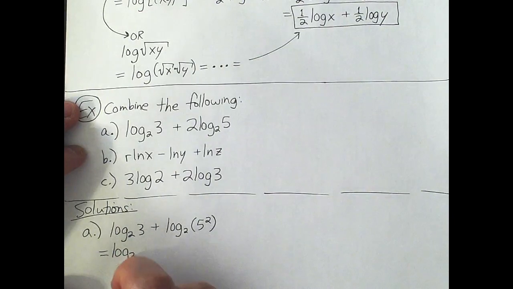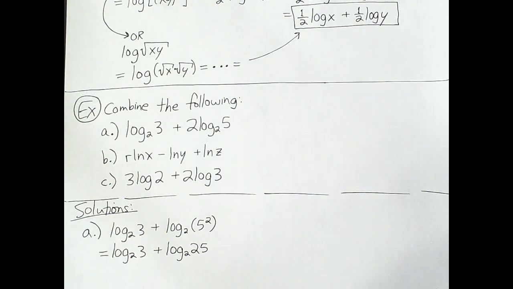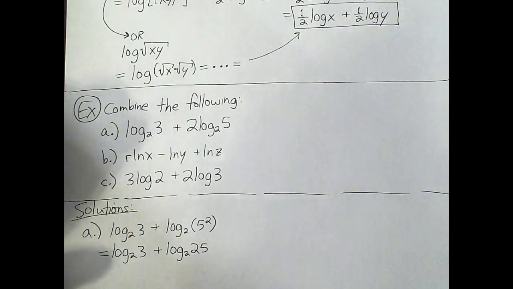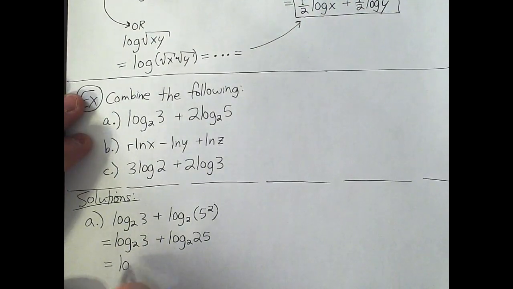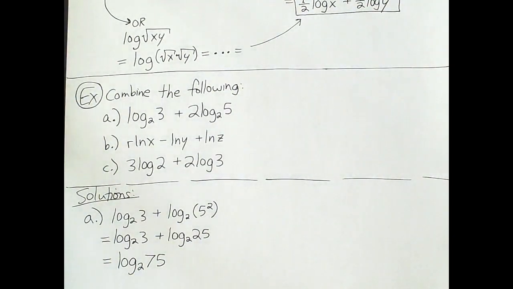Or in other words, that's a 25. Now it seems like a perfect candidate for law 1, which says we can combine this into 3 times 25. 3 times 25 is 75. Can we simplify this any further? That's the question.